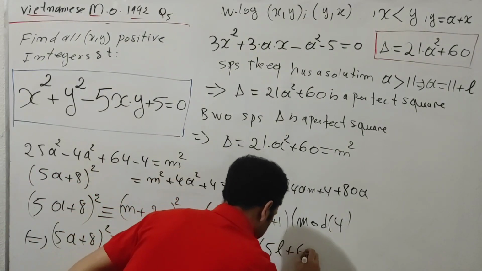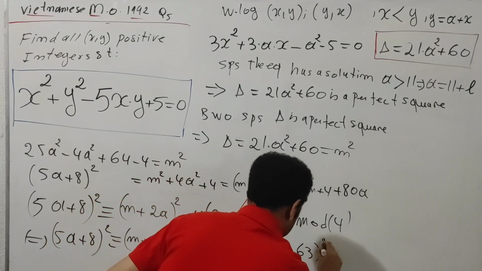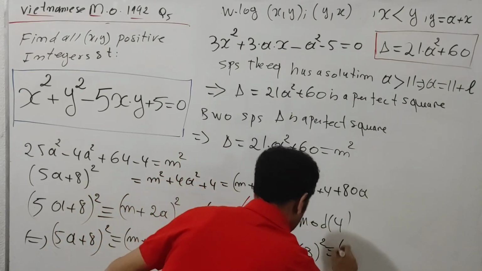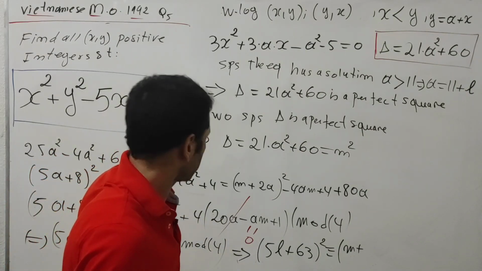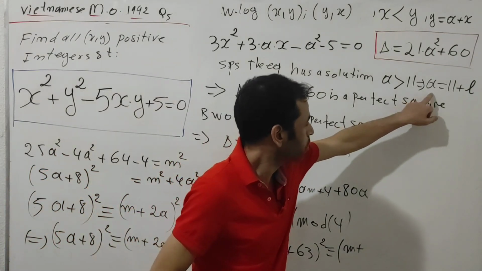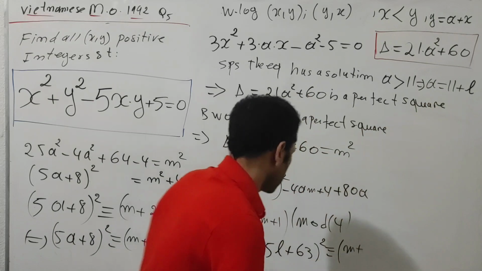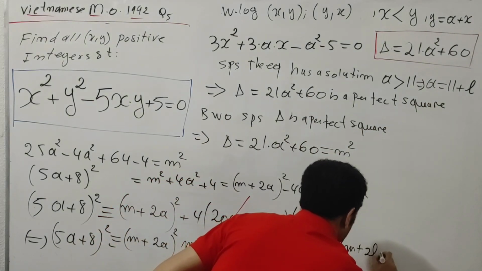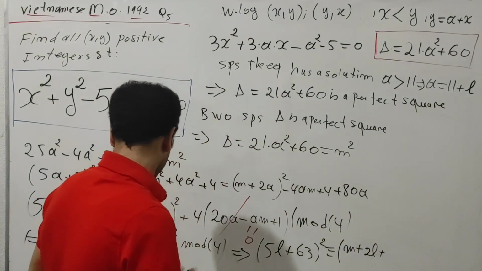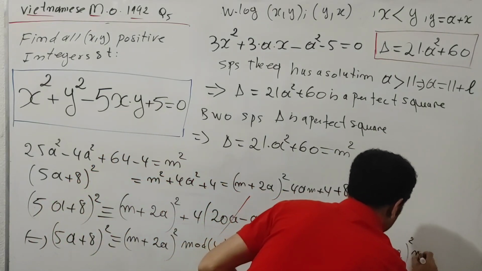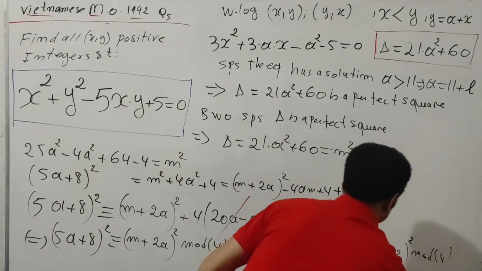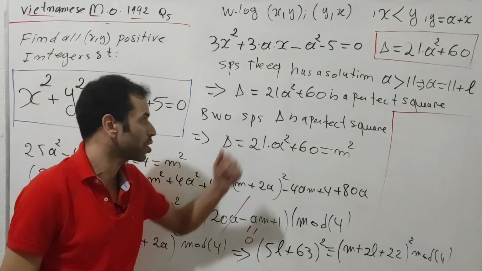So (5L plus 63) squared is congruent to (m plus, multiplying by 2, 2a, which is 2L plus 22) squared mod 4. Now I'm going to clean up this board and bring this one at the top.